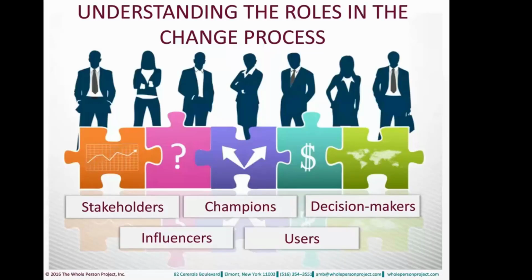These are also folks who, at a senior level, will be affected by the change itself. The stakeholders may also be process owners. What I'm getting at here is these might be the folks that are responsible for the process that you are auditing, or you are trying to help them change.